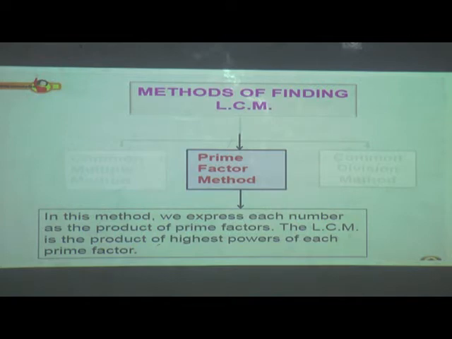The LCM is the product of the highest powers of each prime factor. Then after finding the prime factors, we find the product and get the LCM for the given numbers.